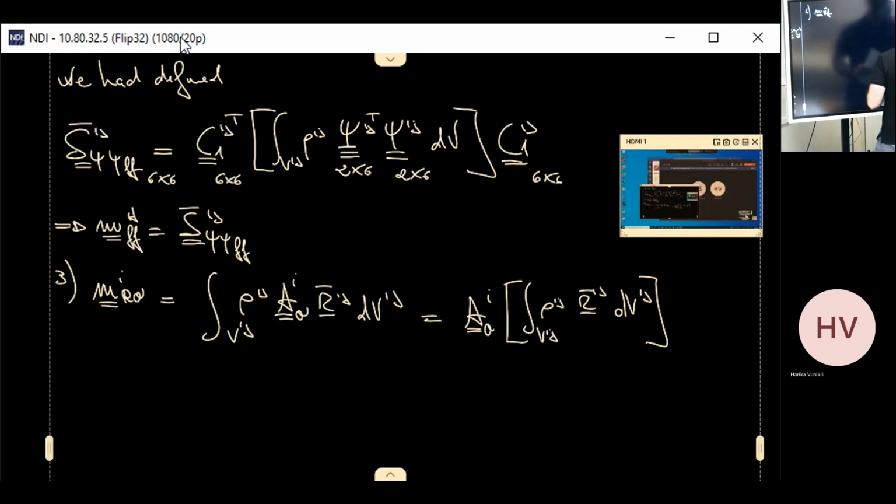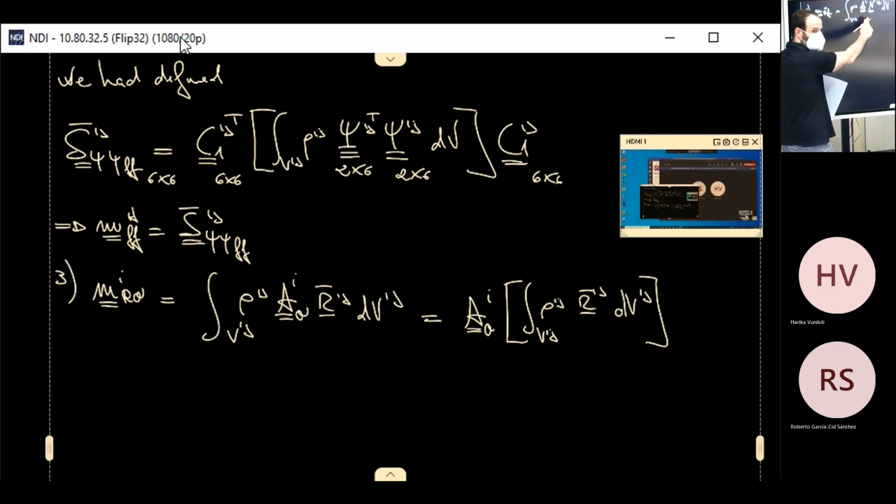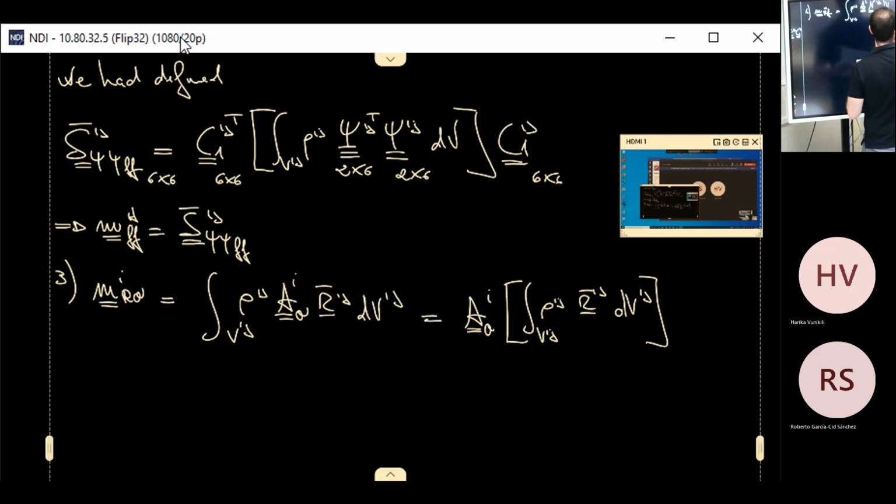If you go and check, you get that this is the integral over the volume of the density, of the matrix of rotation and of N. But this integral we have just seen.